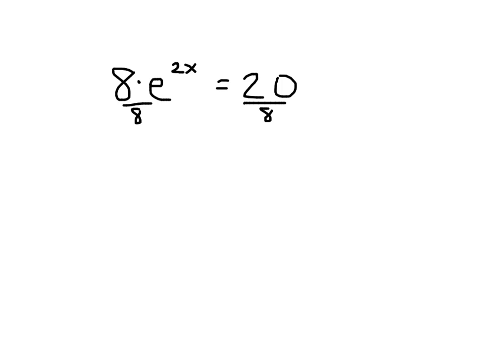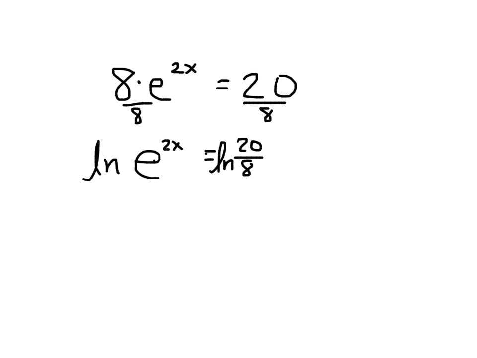e to the 2x equals 20 over 8. You can leave it as 20 over 8. It's not going to hurt you if you don't reduce the fraction, because we're going to end up doing something to it anyway. Now, because our base number is e, we're going to ln it.